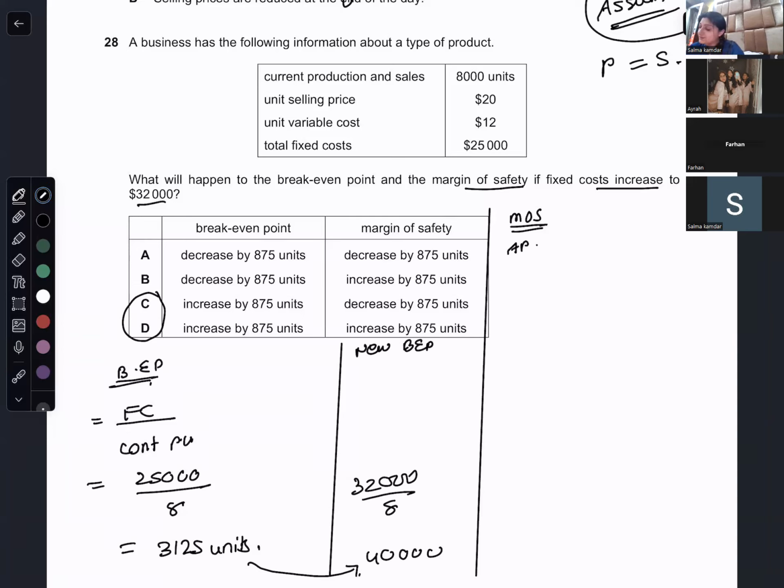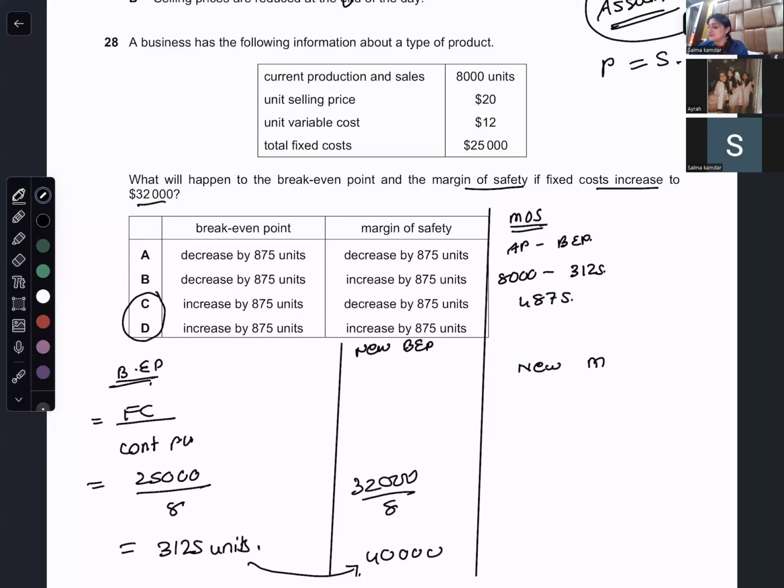Margin of safety will be actual minus break-even point sales. So 8,000 minus, for the old one, 3,125. So the margin of safety is how much? 4,875. Now let's calculate the new margin of safety. Actual minus break-even point.